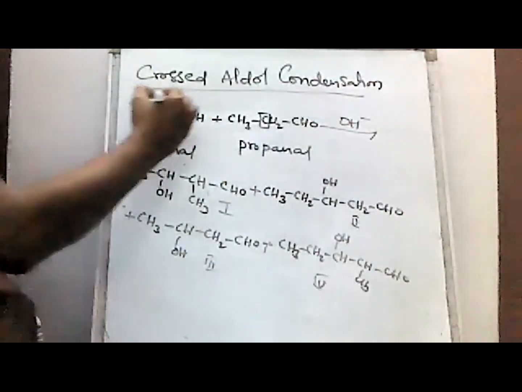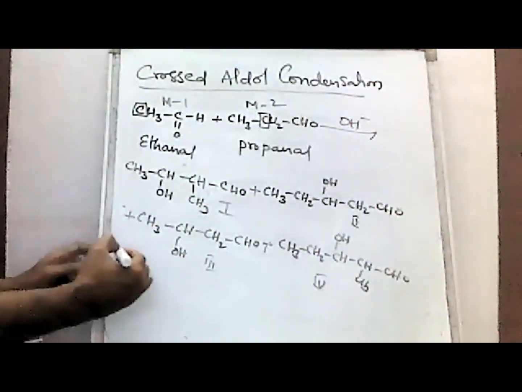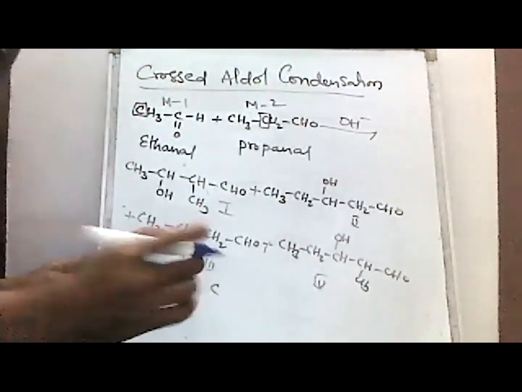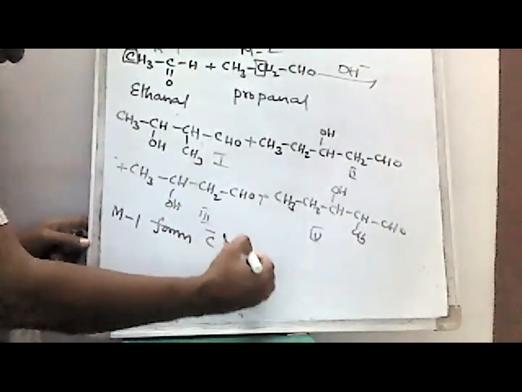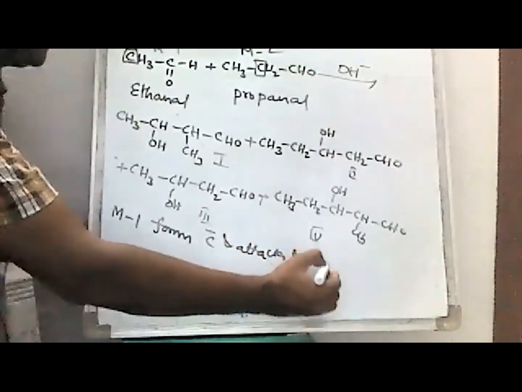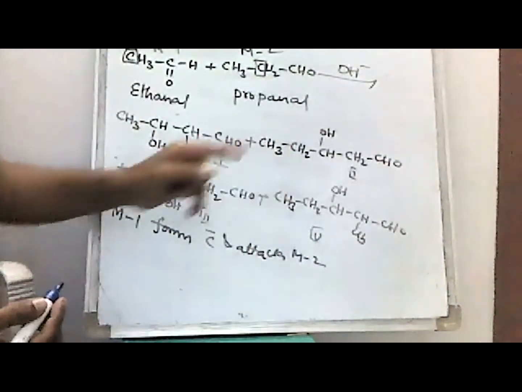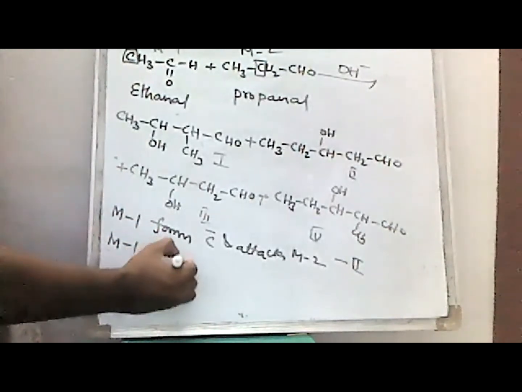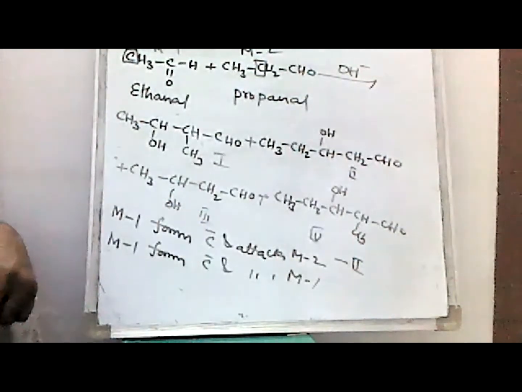Let me call this molecule M1 and this one M2. M1 may form a carbanion and attack M2. This is product 1. M2 forms a carbanion and attacks M1. This is product 2. Similarly, M1 forms a carbanion and attacks M1 itself.